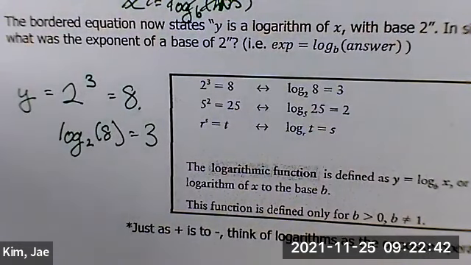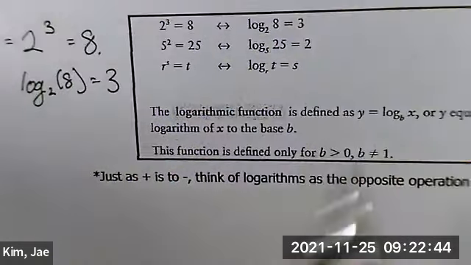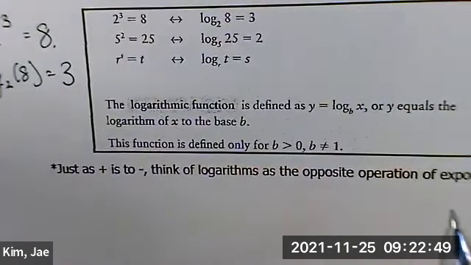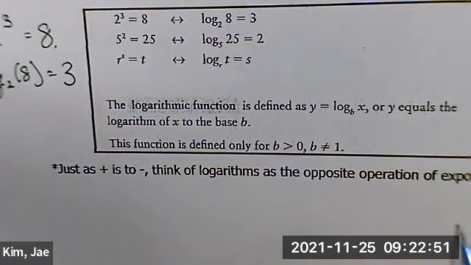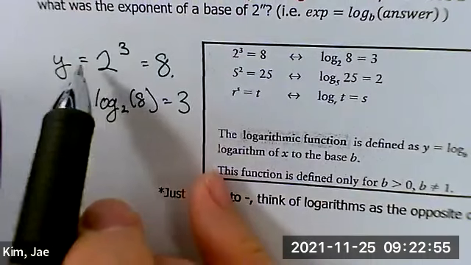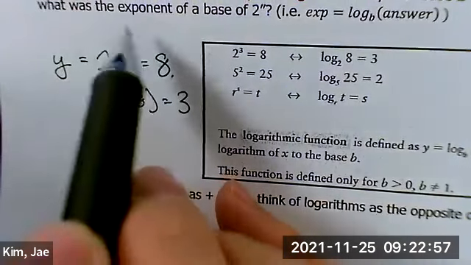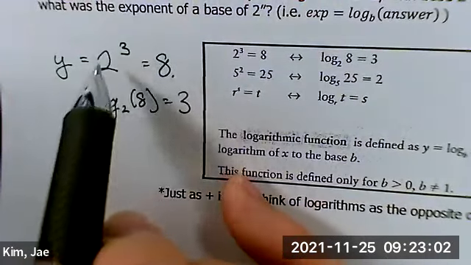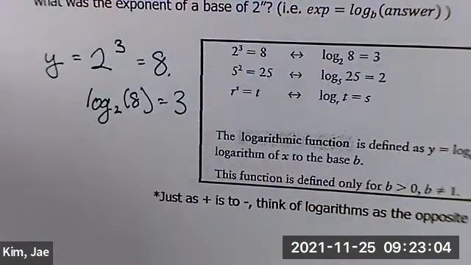Another way you could think about it is, if you see an exponent, think of logarithms as the opposite of exponents. So once again, if y is equal to a base to the power of an exponent, log of the base of the answer will give you the exponent.